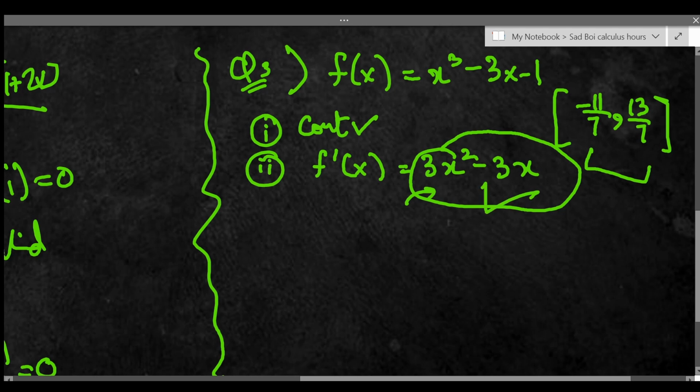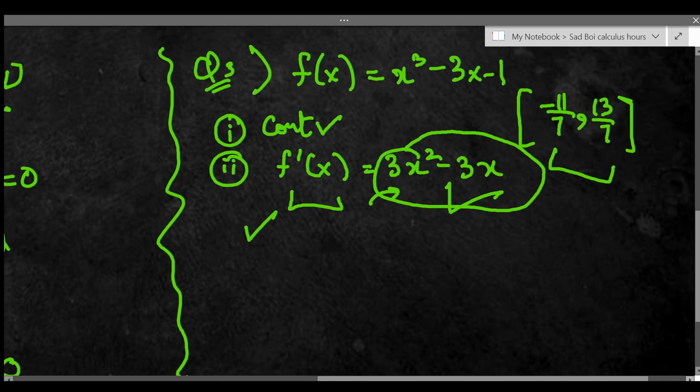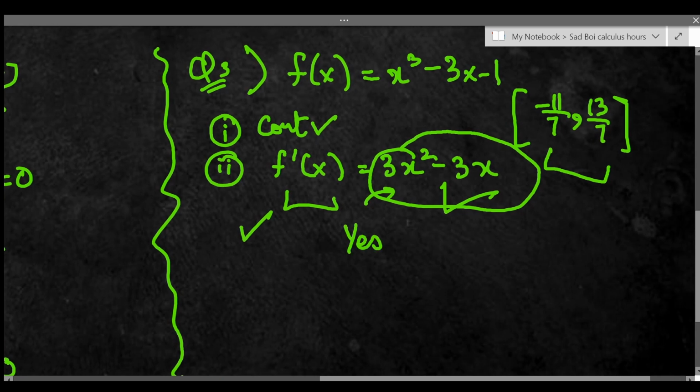In fact, this function returns a value on every single x between -infinity and +infinity. Hence, you always get a value of the derivative at every value of x. So you can say that this function is differentiable. Now, these are the only two conditions for the mean value theorem. So yes, the mean value theorem is valid.